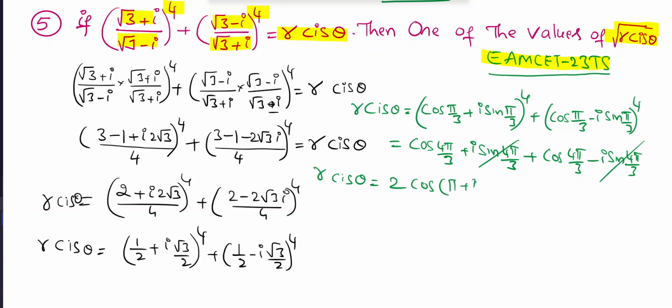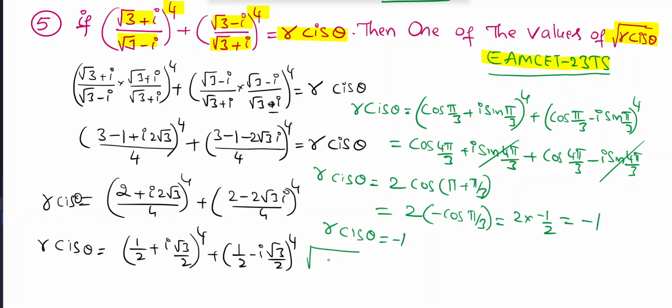This is the third quadrant, so 2 into −cos 60. The value of −cos 60 is −1/2, so 2 times −1/2 equals −1. So r cis θ is equal to −1.